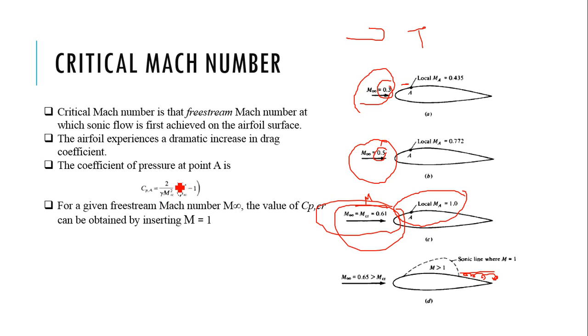That is CP equal to 2 by gamma M infinity square times (PA by P infinity minus 1). When over the airfoil at some local point the local Mach number reaches 1, the coefficient of pressure becomes the critical coefficient of pressure.